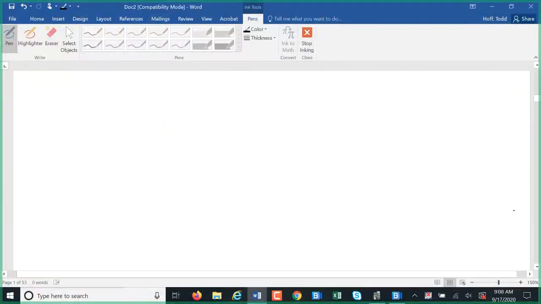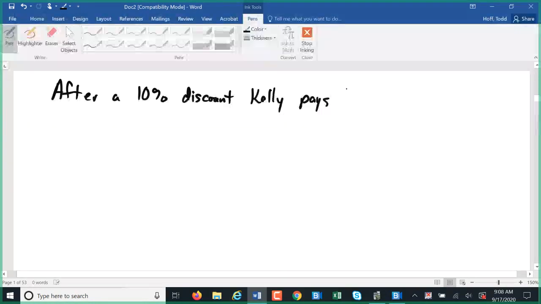We have a similar thing with a percent decrease. Let's say that after a 10% discount, Kelly pays $405. Let's say, what was the price before the discount? Or just say, what was the full price?